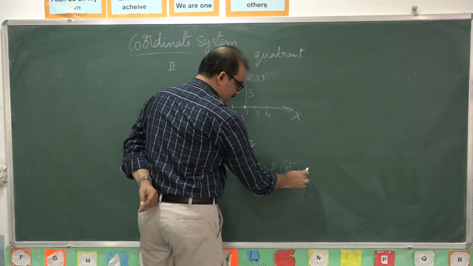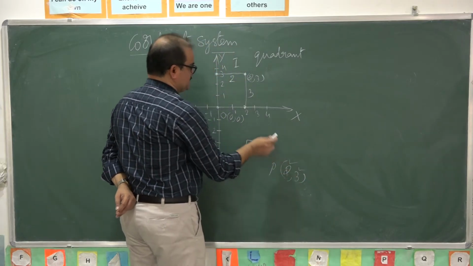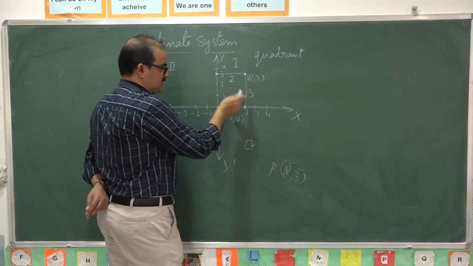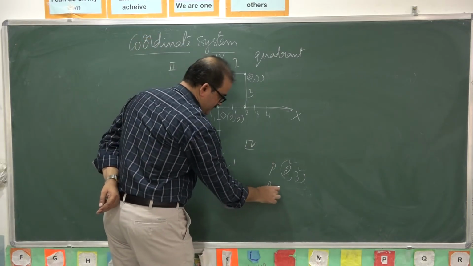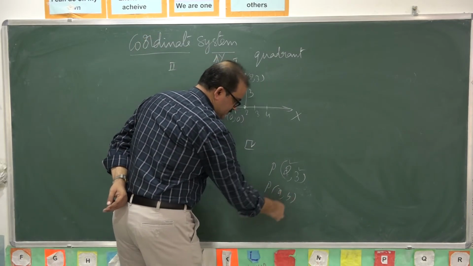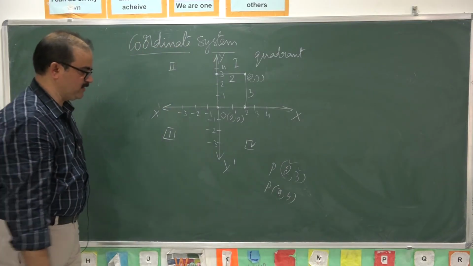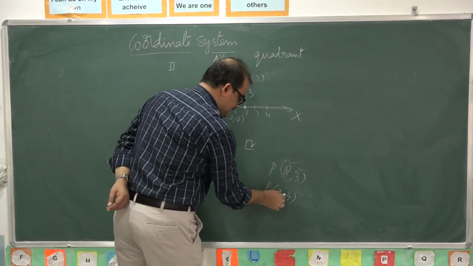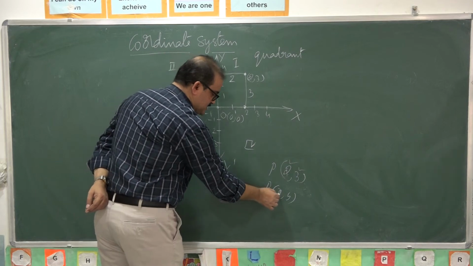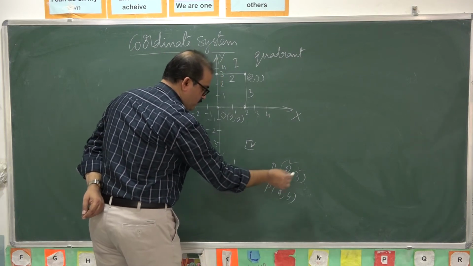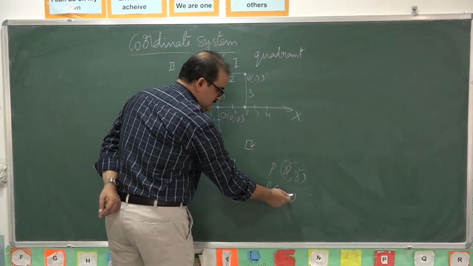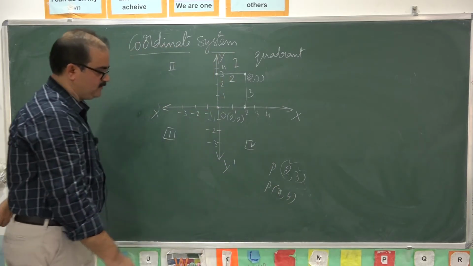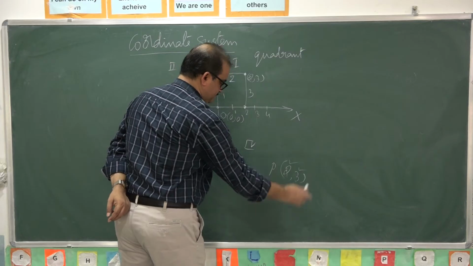Y coordinate, this 3, is the distance from x-axis. Similarly, you take a general point P(x, y). In this, what is x? It is the distance of the point P from y-axis. What is y? It is the distance of the point P from x-axis.